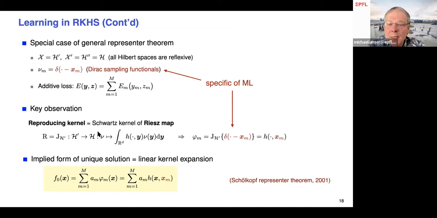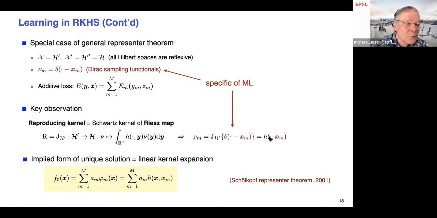And in this case, this duality map is an operator whose kernel is exactly the reproducing kernel of the Hilbert space. And now what you get is the basis functions. They will just be the image of the Diracs through this Riesz map.